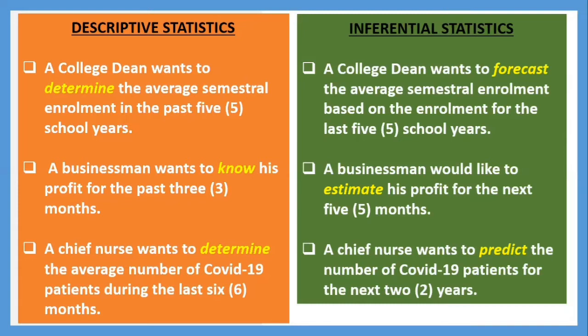So in contrary, in inferential statistics, a chief nurse wants to predict the number of COVID-19 patients for the next 2 years. And because it's predicting something in the future, that makes it an example of inferential statistics.